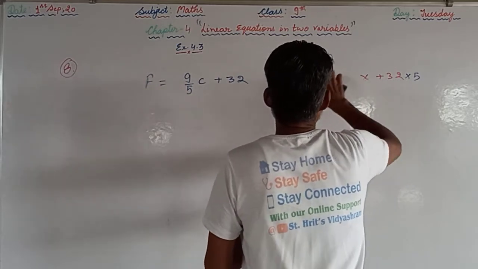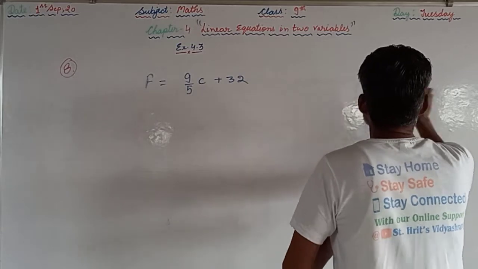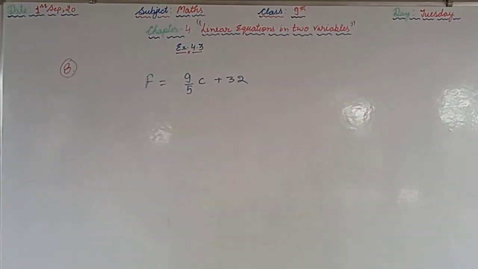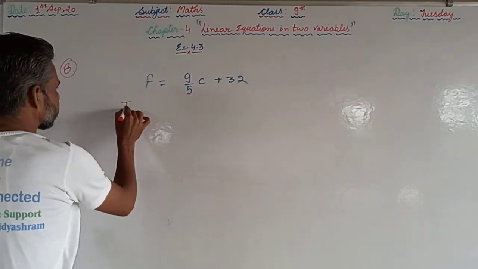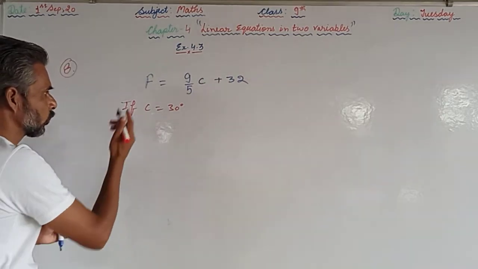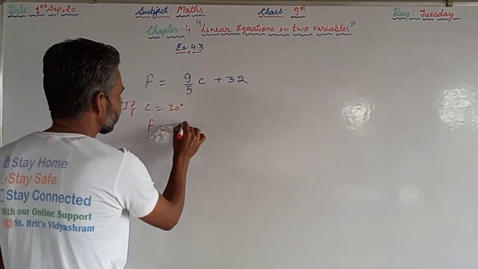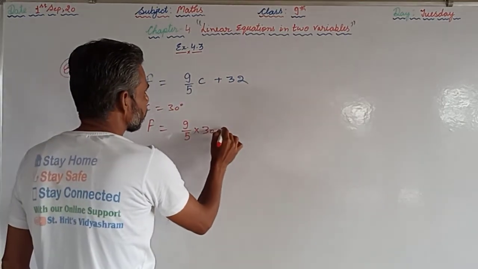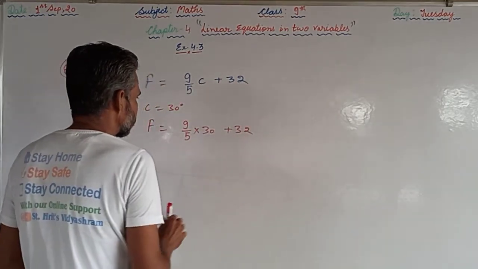You can find the answers of the remaining parts from the graph also, but here we will calculate them using the formula. Second, if the temperature is 30 degree Celsius, what will be the temperature in Fahrenheit? C equals 30 degree, so we have to find F. F will be 9/5 into 30 plus 32.